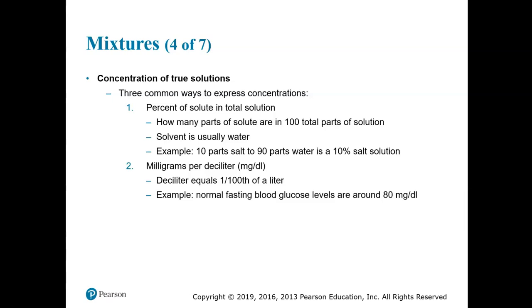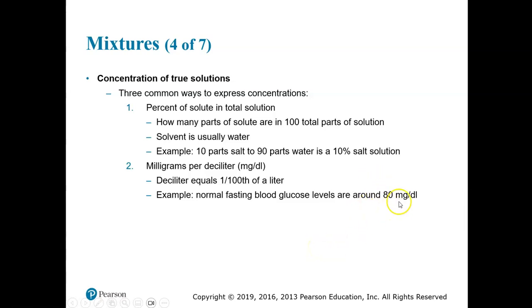And the way that we express concentrations typically would be in percents. Like a 10% salt solution is 10 parts salt to 90 parts water. Whenever we are talking about blood sugar levels, blood glucose levels, typically 100 or less is what we expect for normal fasting blood glucose levels.